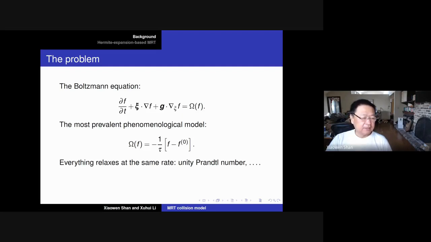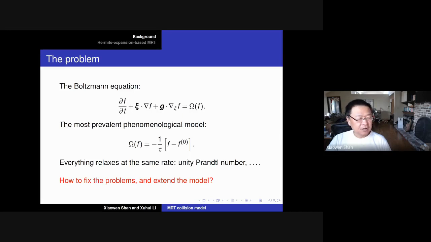Very popular, but with some also very well-known problems. I think the number one problem is that with this model, everything relaxes at the same relaxation rate. So you get non-physical artifacts such as the unity Prandtl number, and also your bulk viscosity, if you have one, is going to be the same, or a fixed ratio with your shear viscosity.